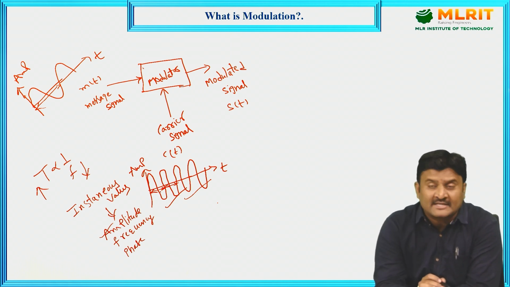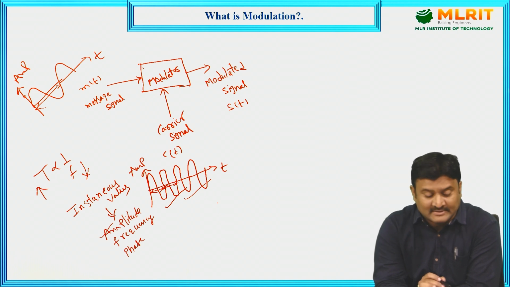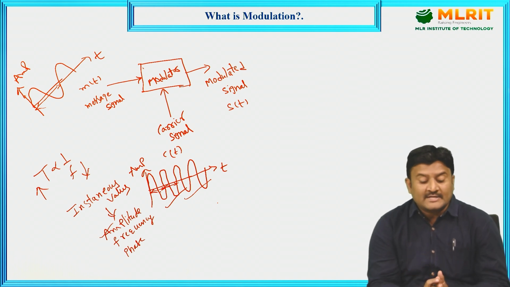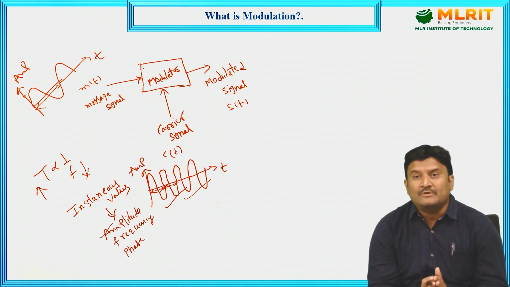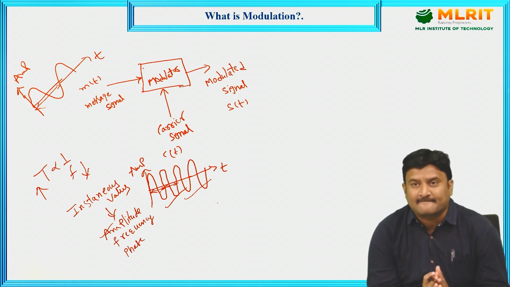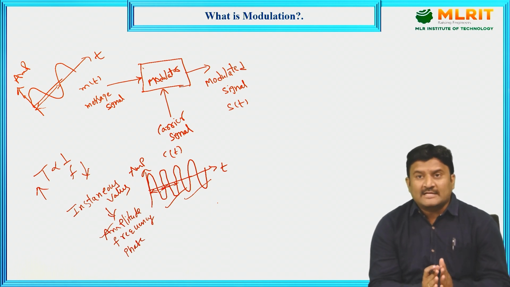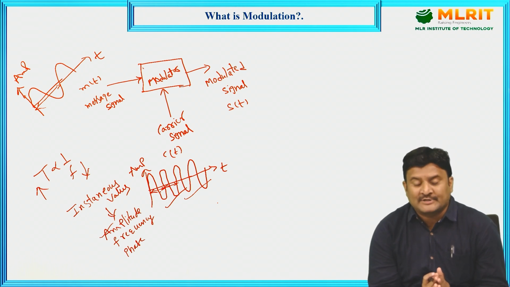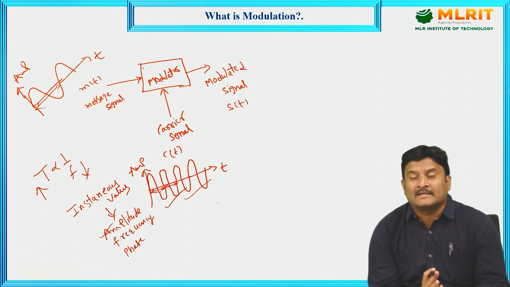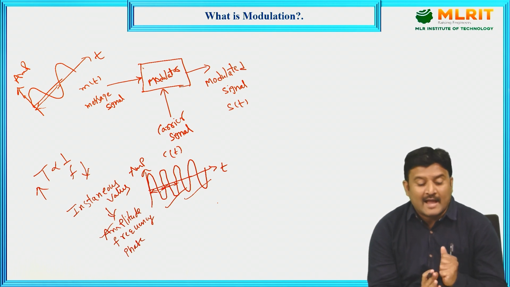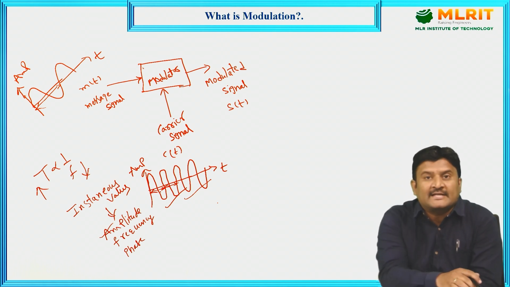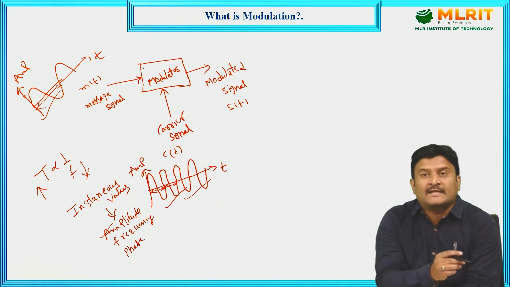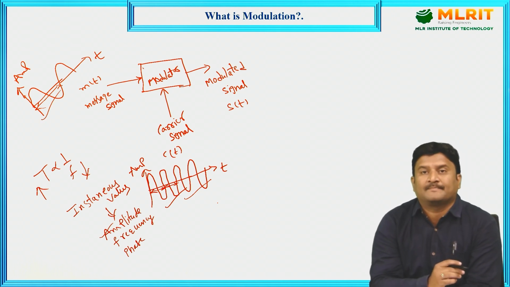So the instantaneous values are amplitude, frequency and phase. With respect to these three, we develop the definition: modulation is defined as the high frequency carrier signal being varied according to the instantaneous values of the message signal.